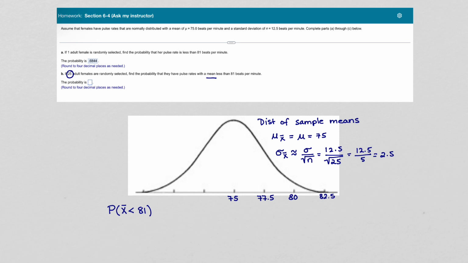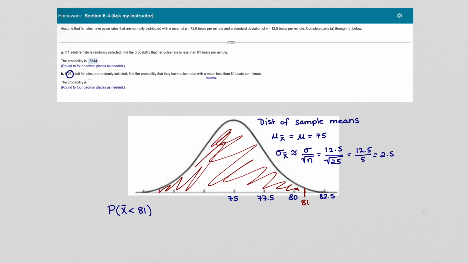So I'm just labeling enough that I can get a good idea of where the 81 is going to land. So my 81 should be roughly here. And then we have the area to the left is the percentage of sample means that would be below 81, and we can see that that's quite a bit more.